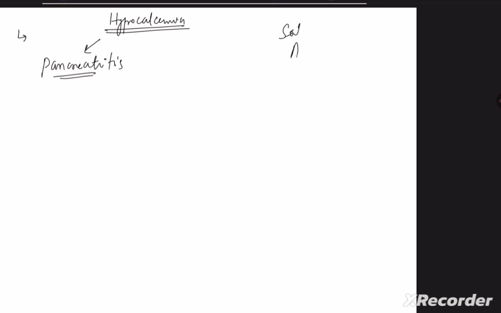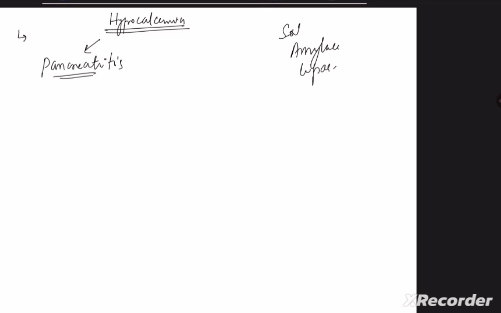One is hypocalcemia. There are differential diagnoses for this hypocalcemia. One is pancreatitis: whenever you see a case of hypocalcemia, also get a panel of amylase and lipase.